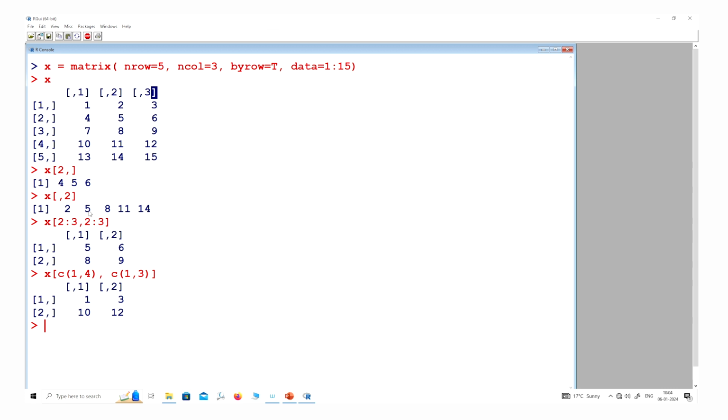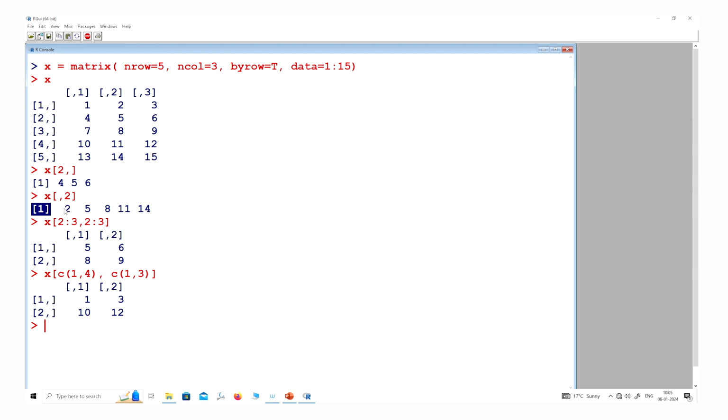Now I would like to have your attention here to observe the following. Please observe where I am highlighting. This is the second row and this is the second column, and their outcomes are indicated like this: 4 5 6, and this here indicates the row number on the R GUI window, not the row number of the matrix.